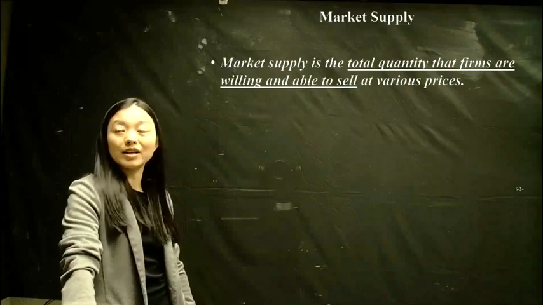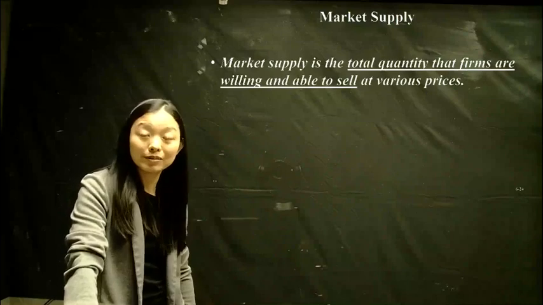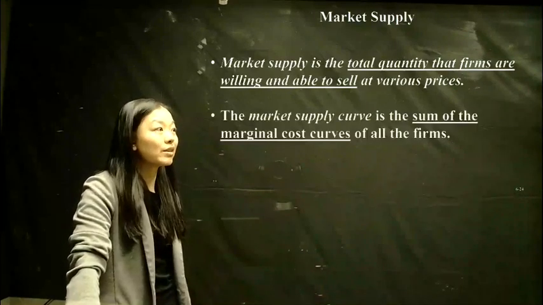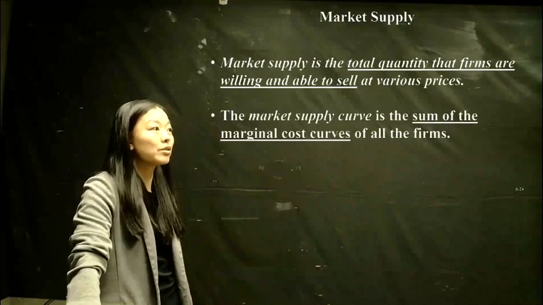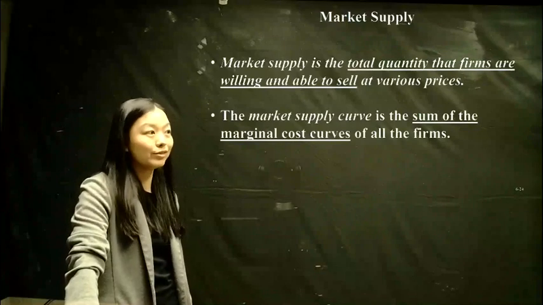And market supply is just the total quantity supplied by each firm at different prices. So the market supply curve is just the sum of the marginal cost curves of all the firms. I will show you later in a graph.